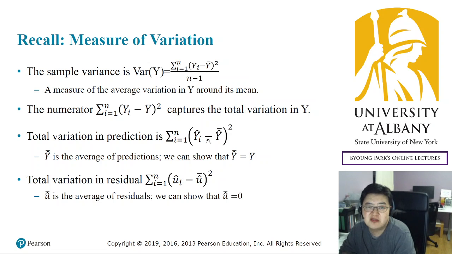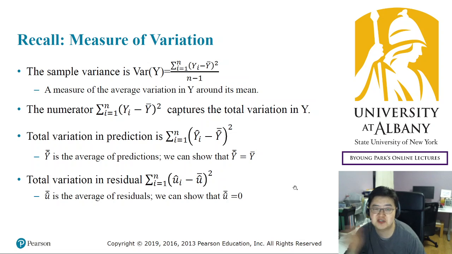In the same way, you can define the total variation in the prediction errors, right? The ideas are the same. So u hat is the prediction error, the residual, and you calculate it in the same way. Here, this is the sample mean of the residuals. But it can also be simplified because the mean of the residual is always 0.